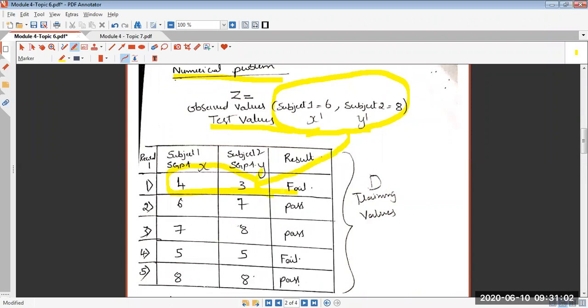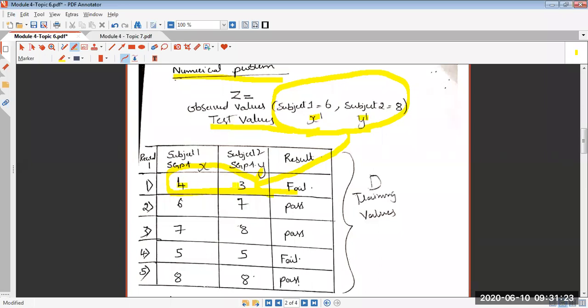This is the first iteration of the for loop in the algorithm. Please note, this is the first iteration. The algorithm will take the test values, that is x dash, y dash, and it will determine the distance of x dash, y dash to the first record, that is x comma y, that is 4 comma 3.